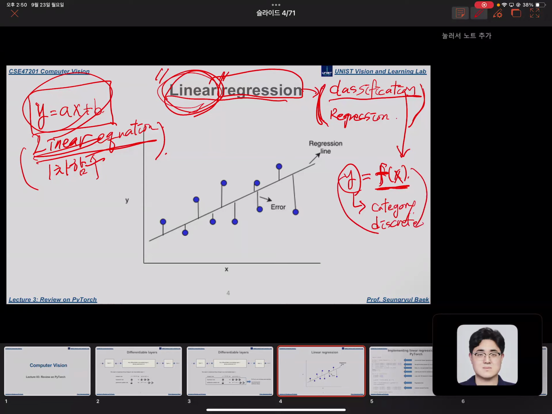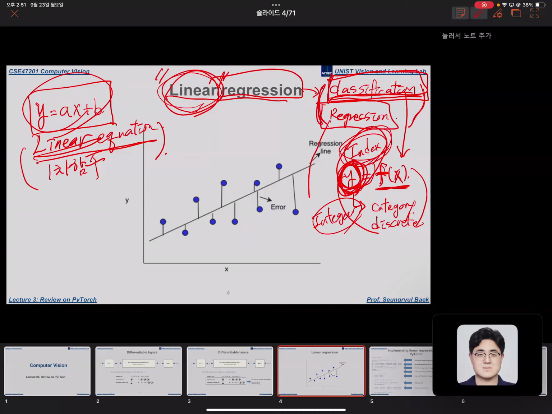For example, in image classification, each output y denotes the image category: dog, cat, or other animals, anyways, some semantic category. So this y means some index for that semantic category. In classification, the output itself is an integer number that has no meaning by itself, but it points to some semantic class. Are you guys understanding this?